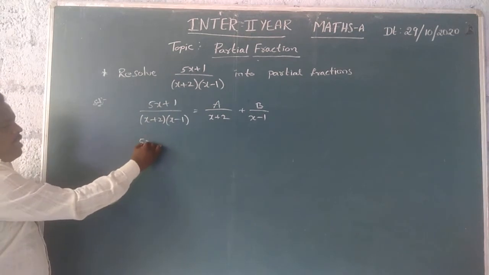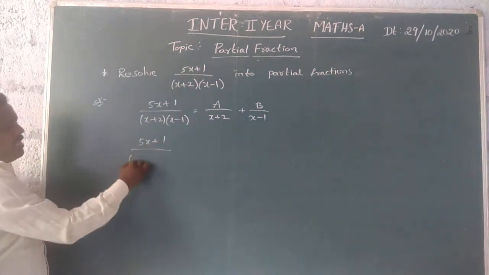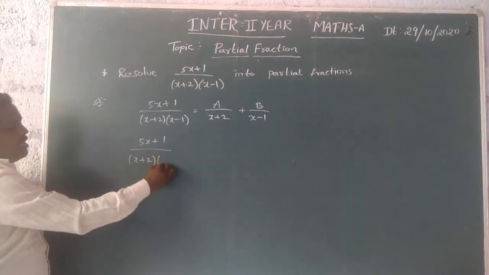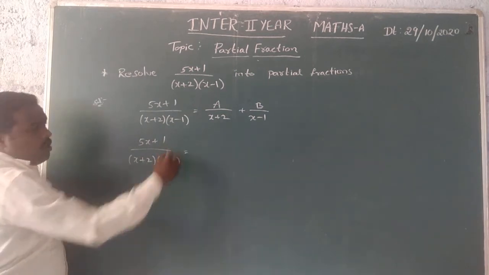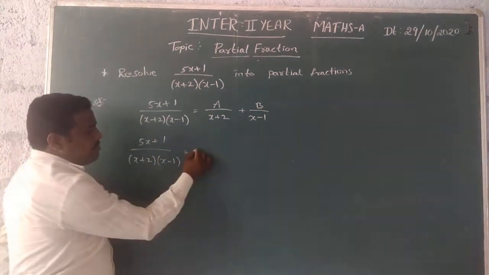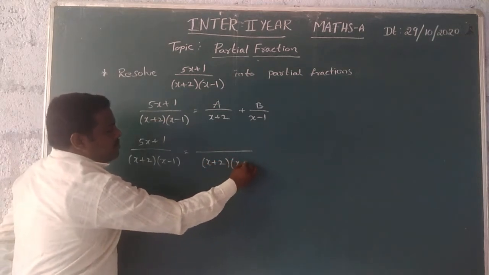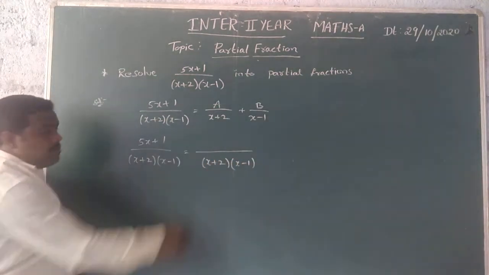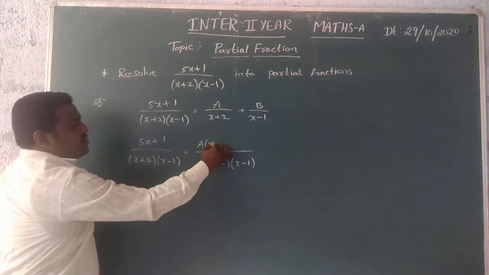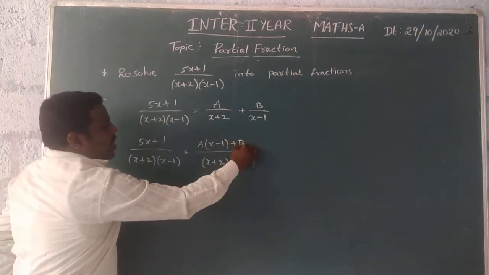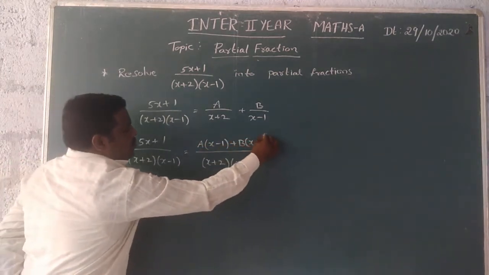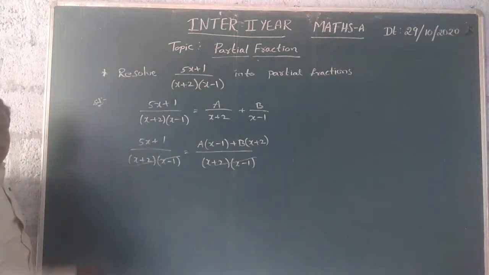So 5x plus 1 by x plus 2 of x minus 1 is equal to that. On the right side, the LCM is x plus 2 of x minus 1. The numerator is A of x minus 1 plus B of x plus 2. On both sides the denominators are equal, so they get cancelled.